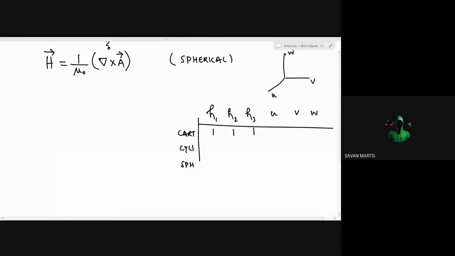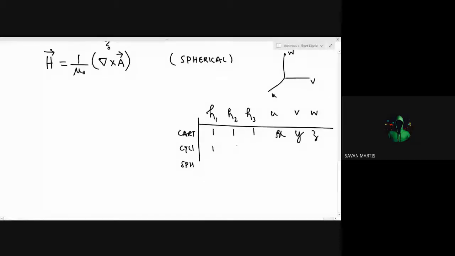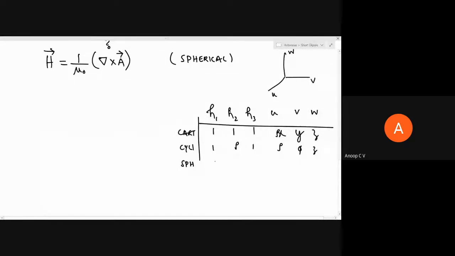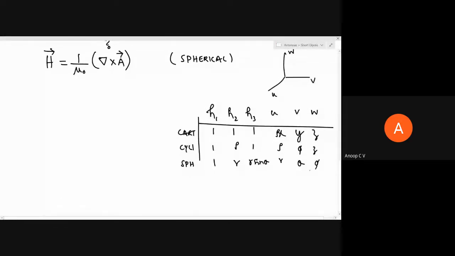All are 1, sir. 1, 1, 1, and X, Y, Z. In cylindrical, it is 1, rho, 1 and rho, phi, Z. And in spherical, it is 1, R and R sine theta, and R, theta, and phi. Right. So this is the table which you have to remember.